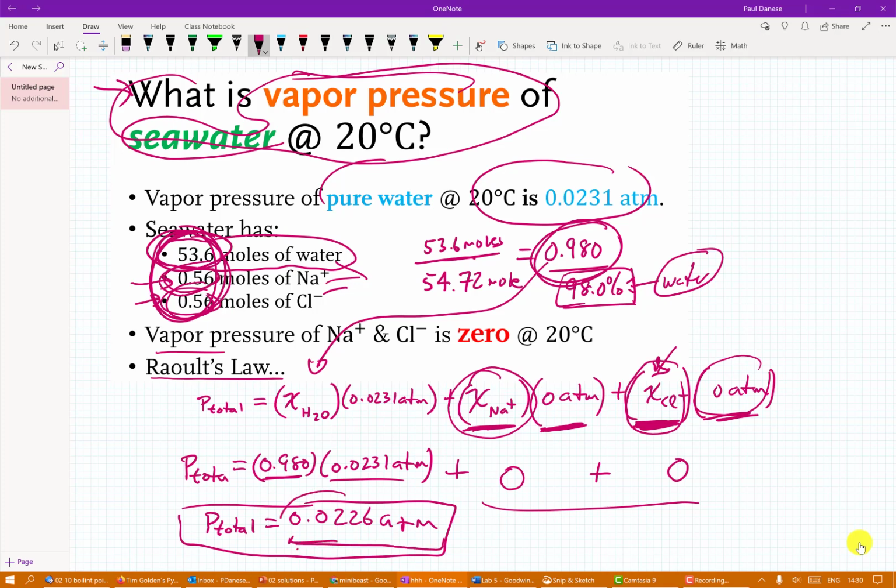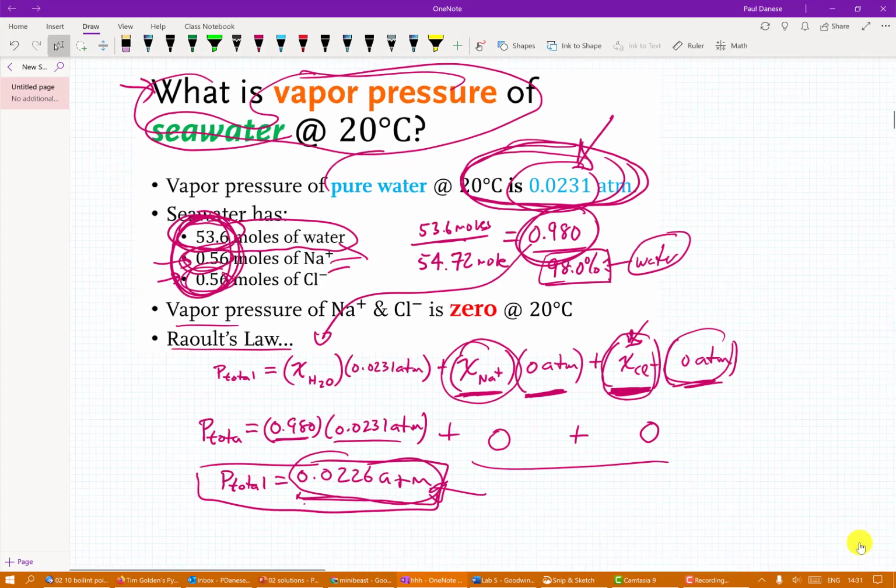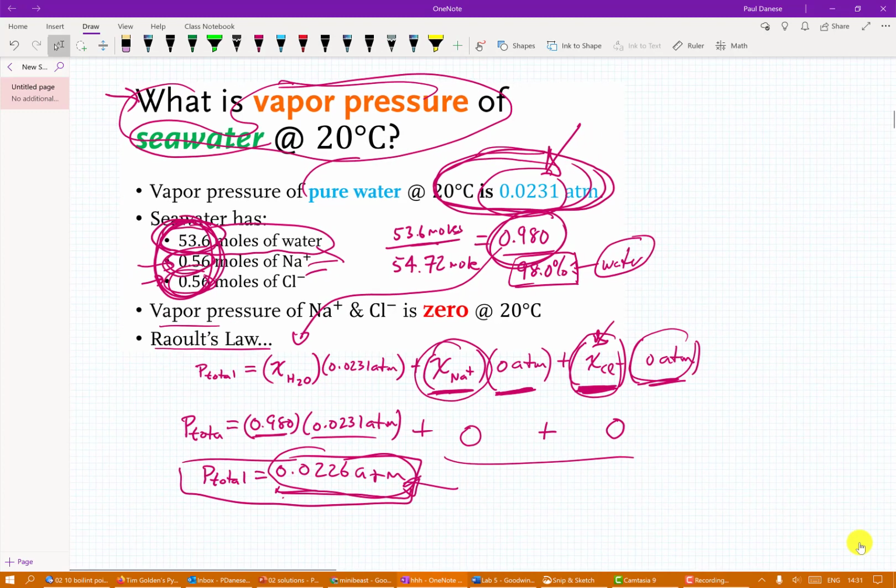And I want to compare this to what the vapor pressure of pure water is at the same temperature. Which one is higher? Well, this one is higher. 0.0231 is a little bit bigger than 0.0226. And so this is a little bit weird. It comes directly from Raoult's law, and it has kind of a big implication, and that is, if you have pure water at a certain temperature, it's going to have a certain vapor pressure.